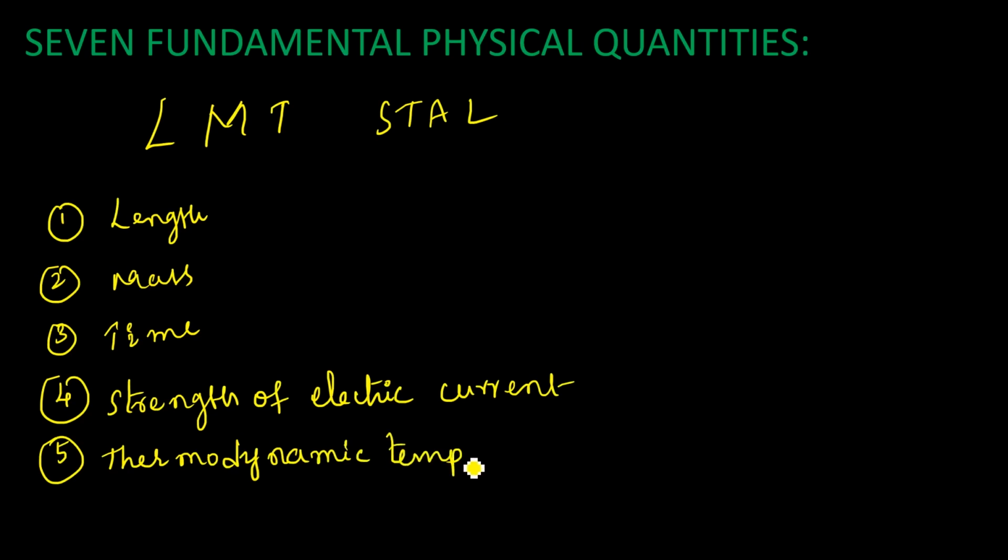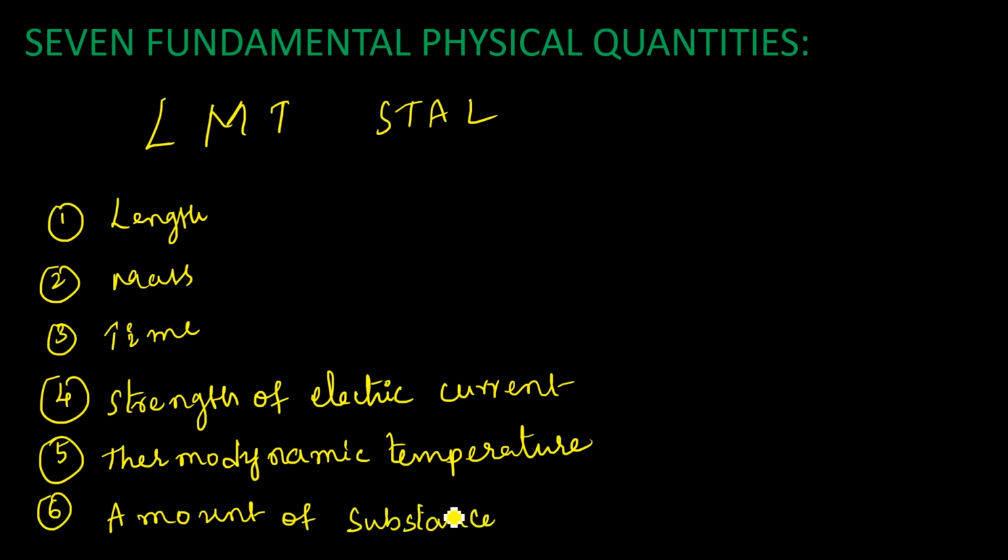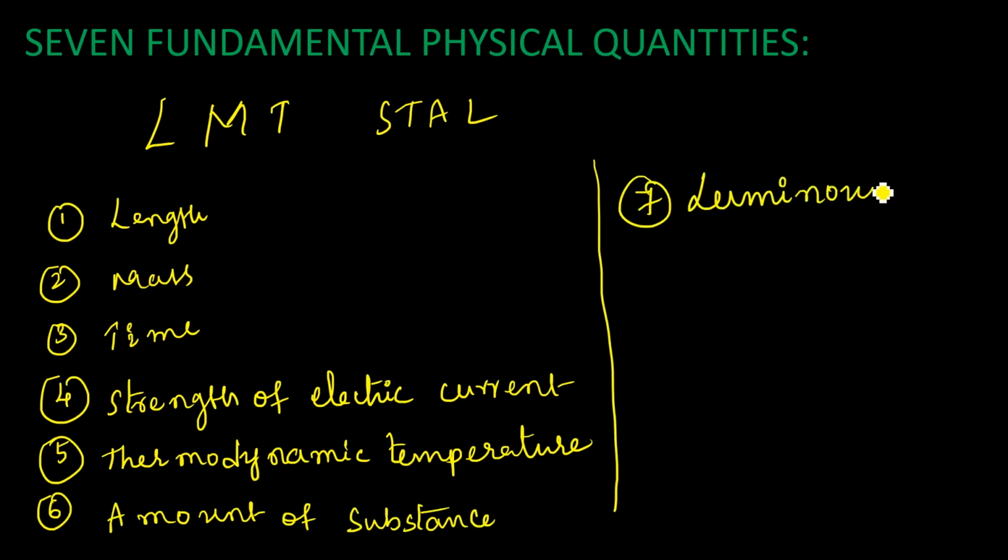Then amount of substance. Then the last one is luminous intensity. The seventh one is luminous intensity. So you got the clarity about it, right?